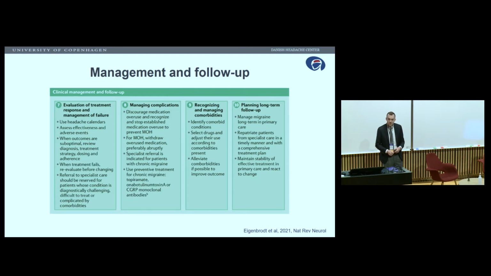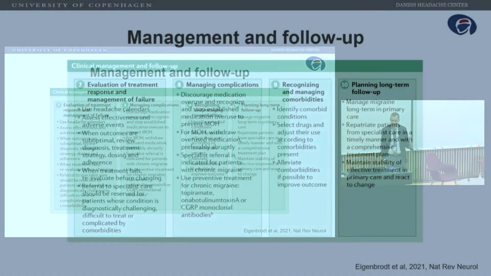Managing complications in this panel, the most dreaded management complication, I think, for migraine is medication overuse. So it's a huge issue for the acute treatments that some patients will go into medication overuse, and they will have this new headache that's on top of their baseline headache, if you could say that. And it's really difficult to treat if you don't end the medication overuse.